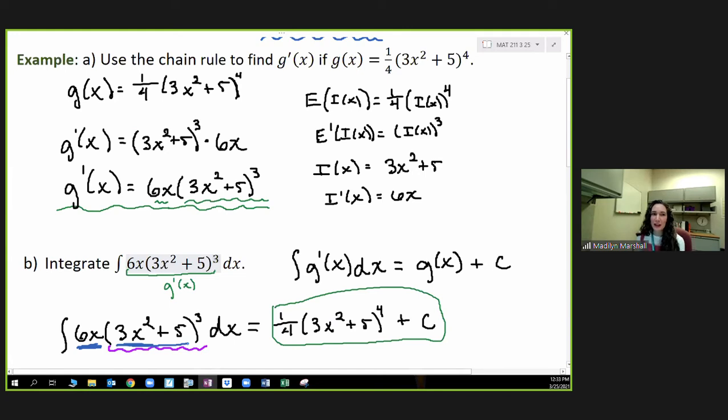So in order to use this substitution method, which we're going to get to, we have to think backwards from the chain rule and know that the chain rule gives us those two parts, the derivative of our exterior and that little derivative of the interior. So that little extra derivative is a key player in integrating things like this.